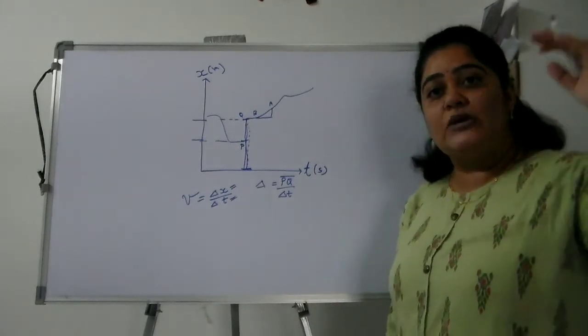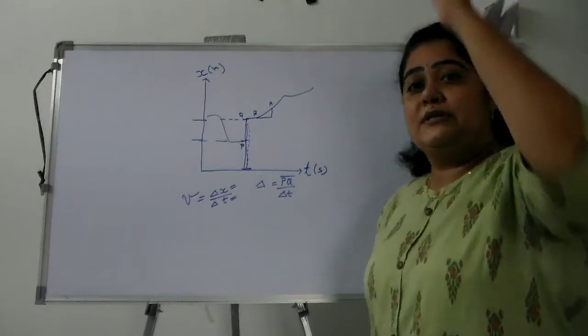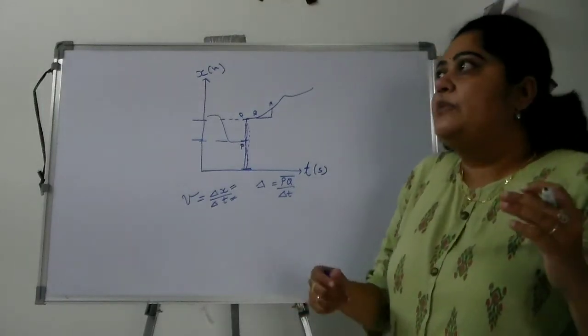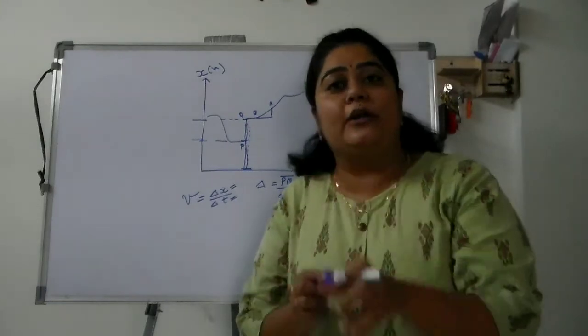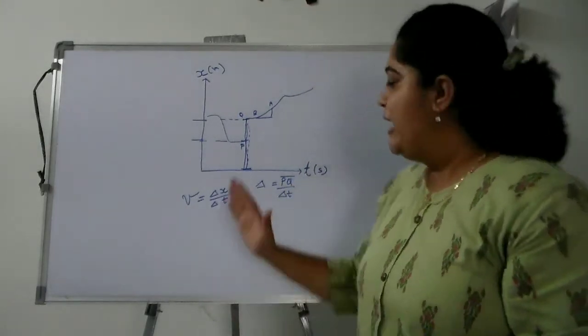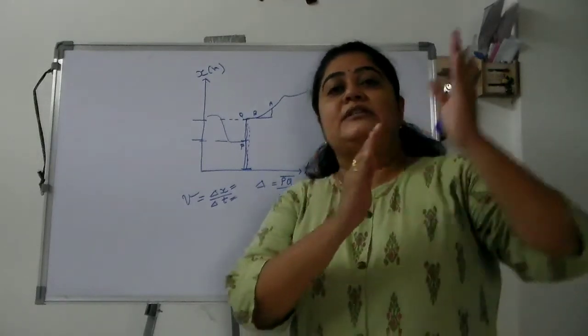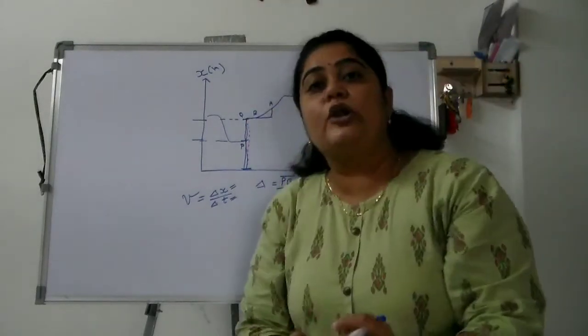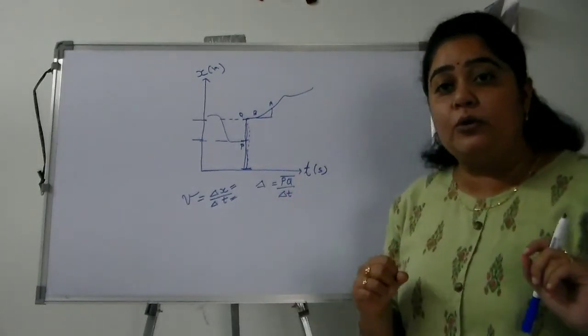The velocity which was say 80 meter per second, or in terms of your bike speed 80 kilometer per hour, and suddenly you apply the brake, the time between 80 kilometer per hour and 0 kilometer per hour is very, very small.